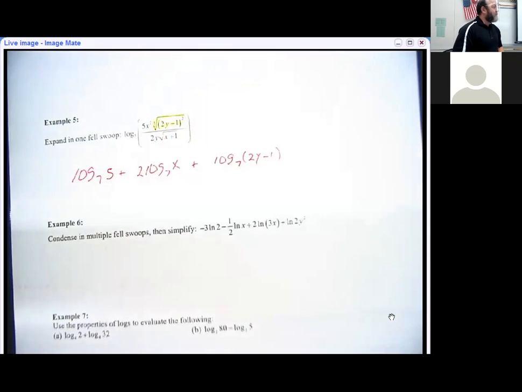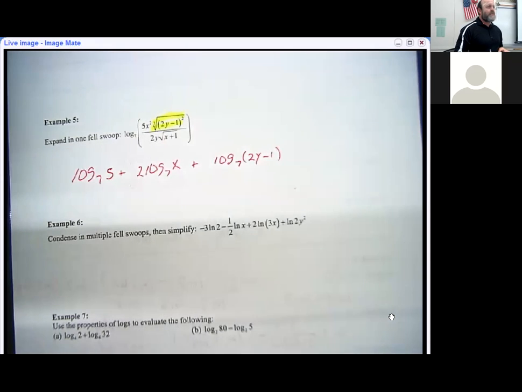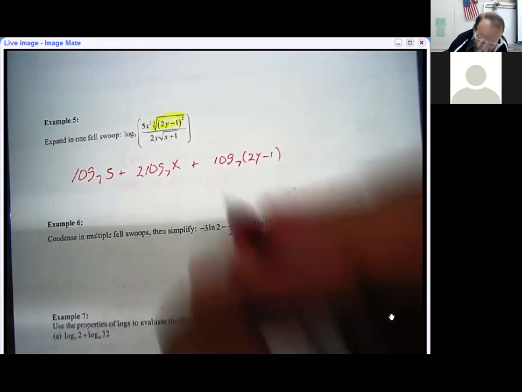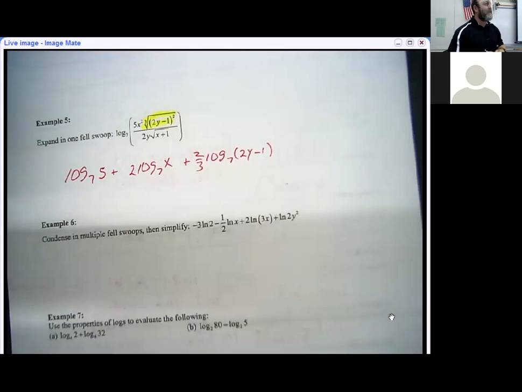It is to the 2/3, but what can I do with those crazy exponents? Put it in front. Now, can you see in some ways how logarithms might be kind of nice? You see how like a cube root, you're like, yeah, never mind, I'll just multiply it by 1/3. Isn't that easier? Multiply something by 2/3 and squaring it and taking a cube root? That's actually kind of nice.